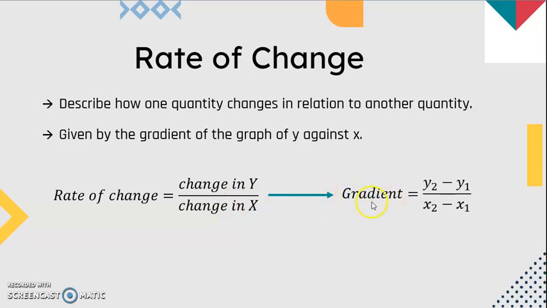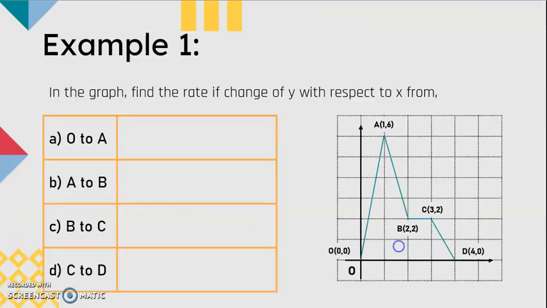So, gradient is equal to y2 minus y1, which is the change in y, over x2 minus x1, which is the change in x. Alright, so this gradient or rate of change can give a positive or negative value. It depends on the questions and also the graph.